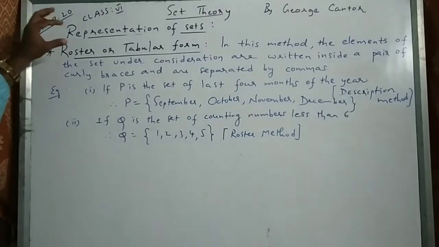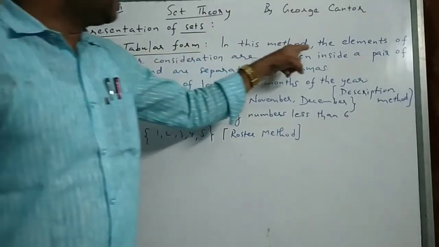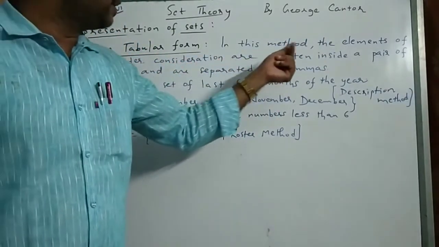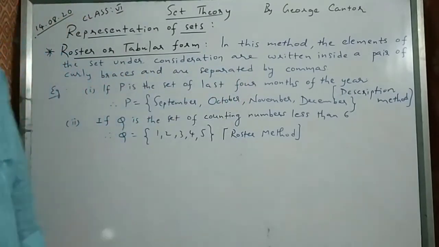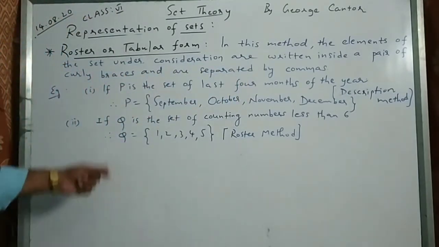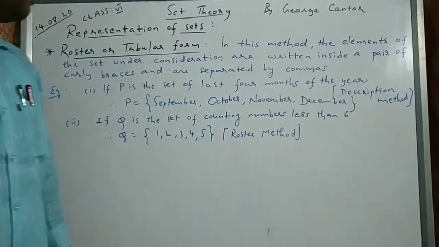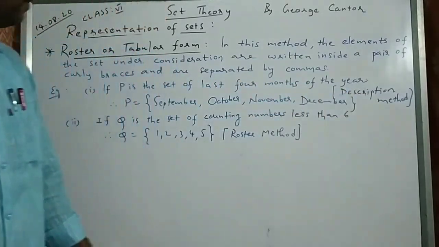First one is roster form or tabular form. In this method, the elements of the set under consideration are written inside a pair of curly braces and are separated by commas. Suppose if P is the set of last 4 months of the year, that is called one statement, it is called description form.